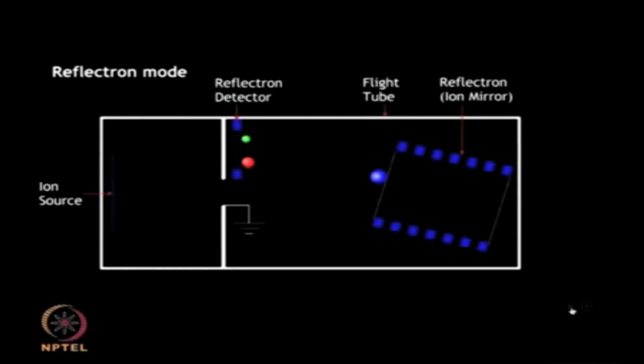So, rather than using very long time of flight tubes, by including the reflectron ion mirrors, we can increase the path length. This helps to even out any kinetic energy differences between the ions having the same mass, and thereby improves the resolution.